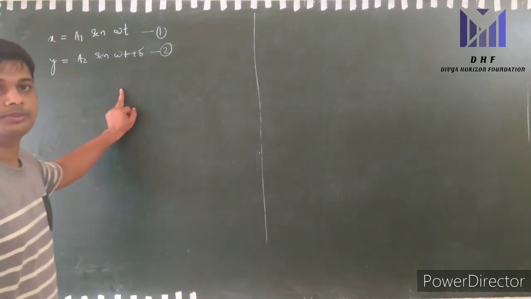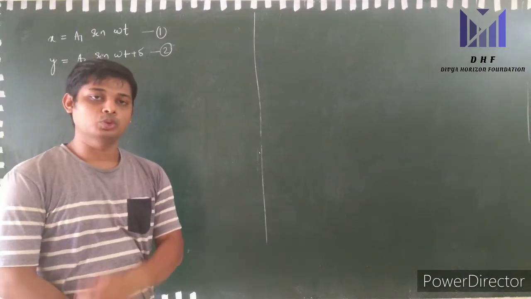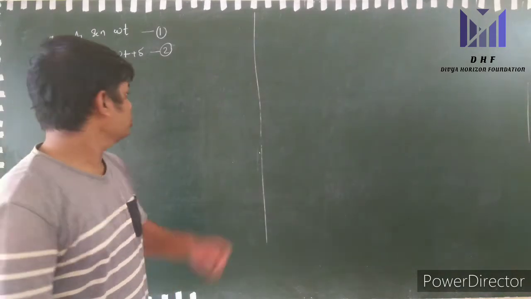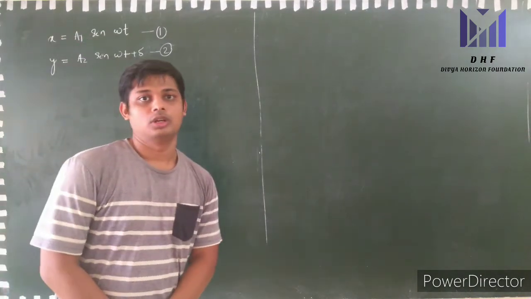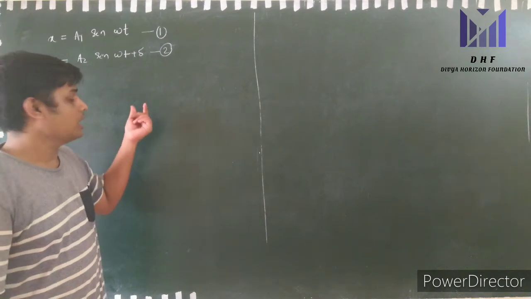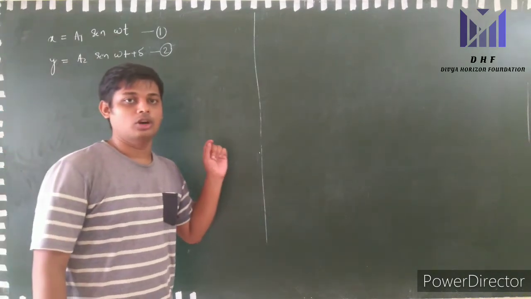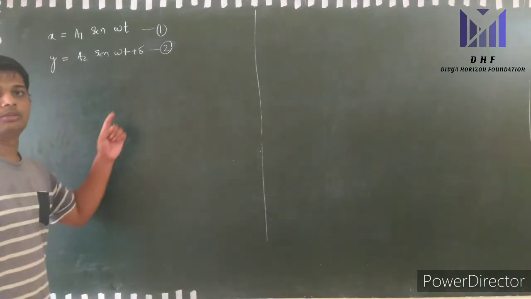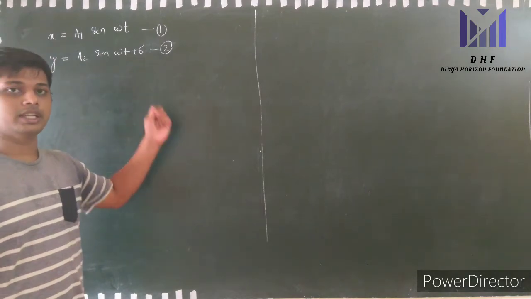Here we can see that these two simple harmonic motion equations have two separate amplitudes, and there is also a phase difference between the two equations. Here we are taking a very general condition. After that, we will put in the special cases, or different values of this phase difference. But to derive the general equation, we will take the general case.